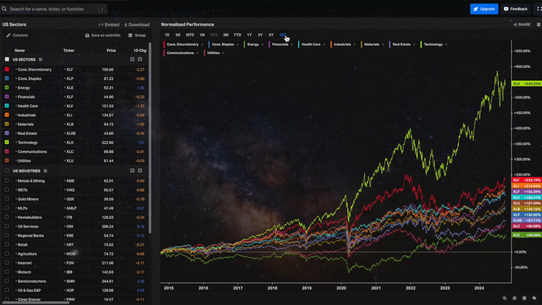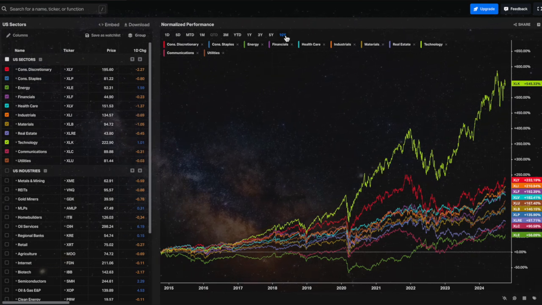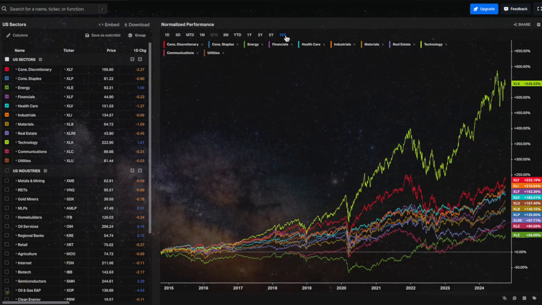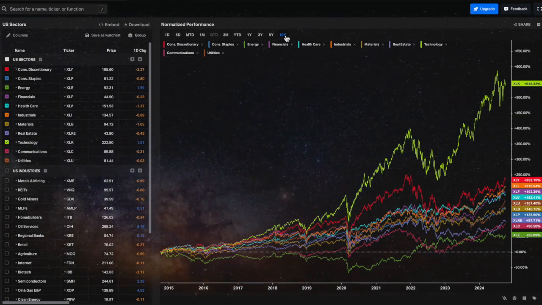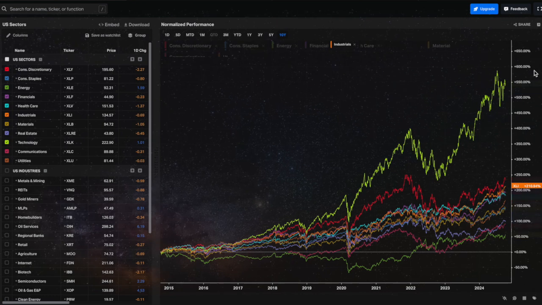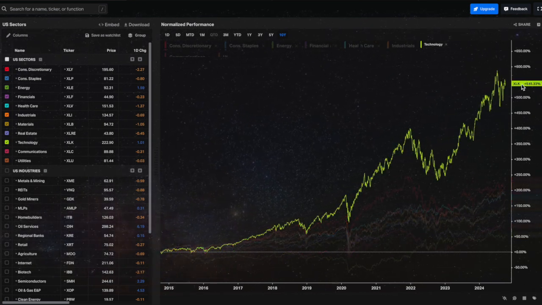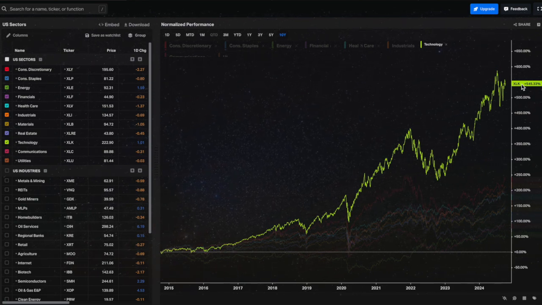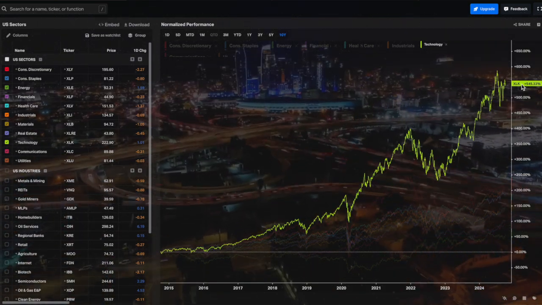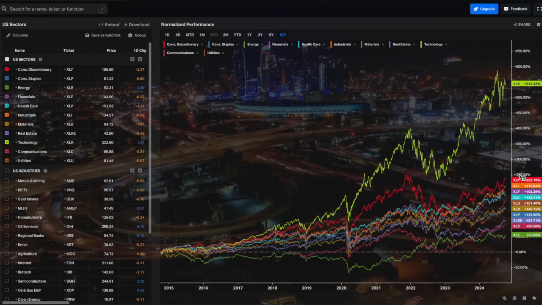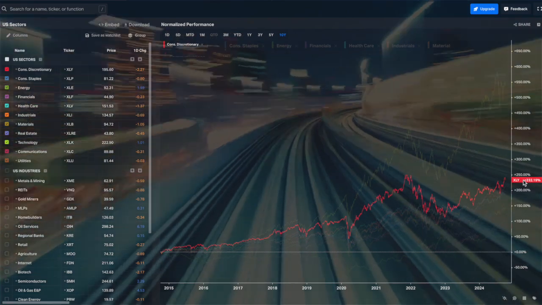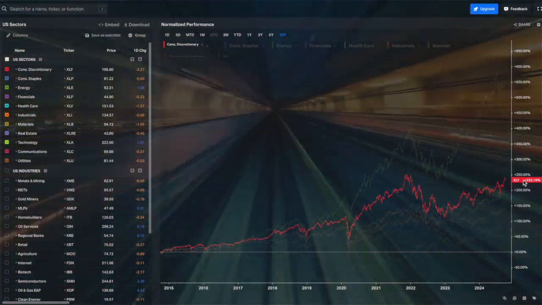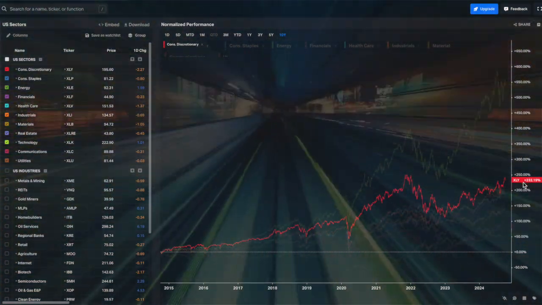Let's have a look at how these performed over the last 10 years. So obviously the biggest outperformer is technology with a 545% outperformance in the last 10 years. Then we have the consumer discretionary sector, which makes sense because this is more sensitive to the business cycle.